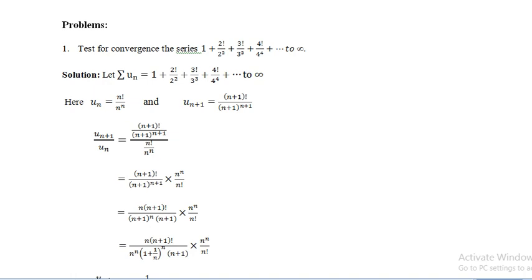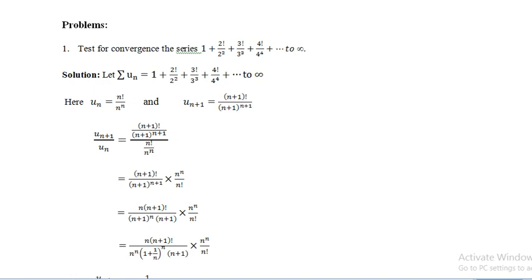Now we know that n factorial means n plus 1, n plus 2, n plus 3, n plus 4 and so on. Similarly, write n plus 1 factorial as n plus 1 into n factorial, and in the denominator we split the power of n plus 1 as n plus 1 raised to n, and second, n plus 1 raised to 1, into n raised to n divided by n factorial.